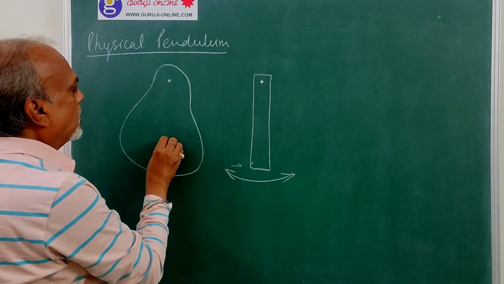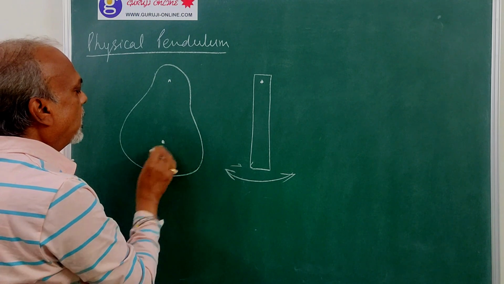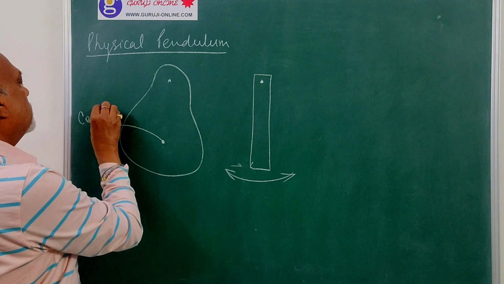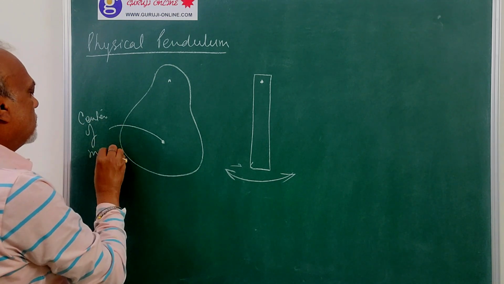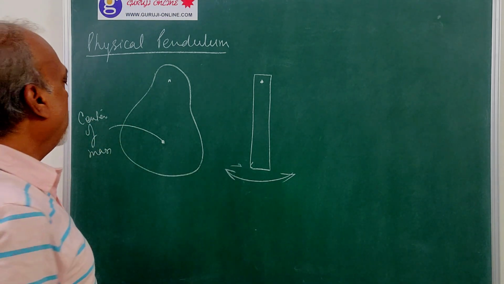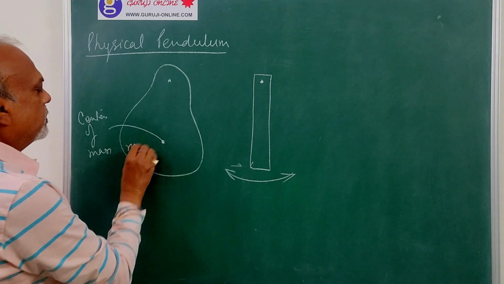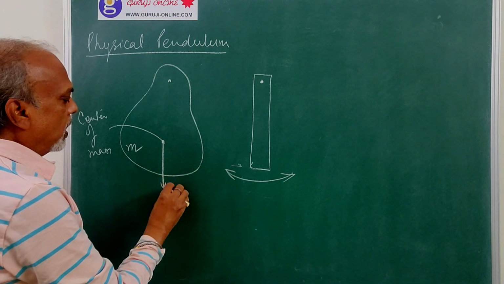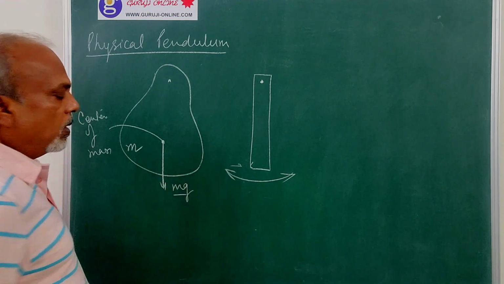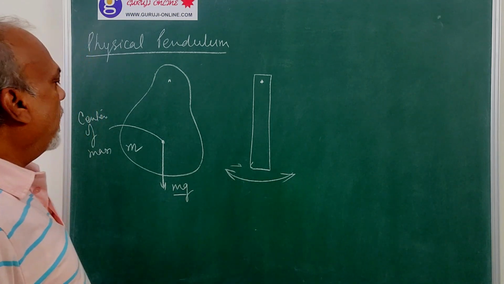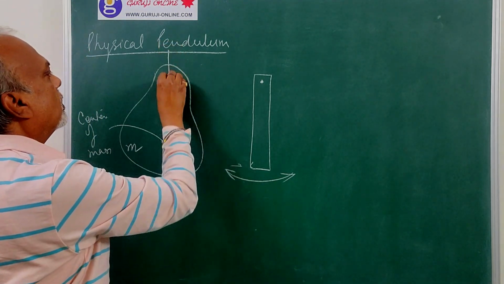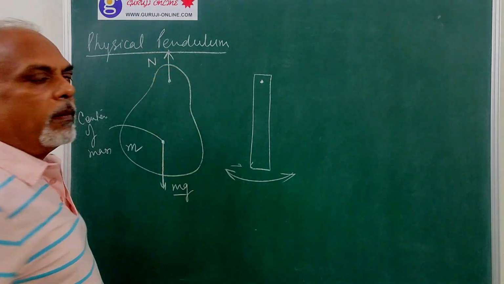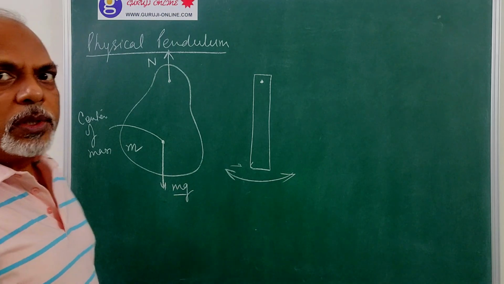So suppose this is the center of mass, and the mass of the rigid body is m. Then, of course, it will have gravitational force. Likewise, it will have a normal reaction on this nail due to the suspension.